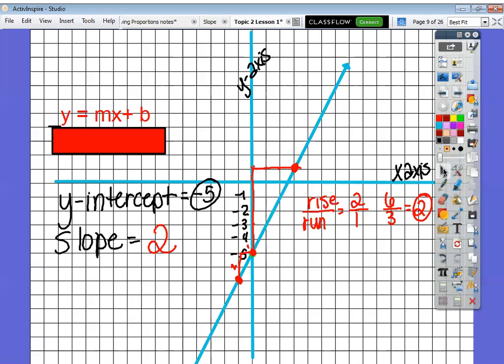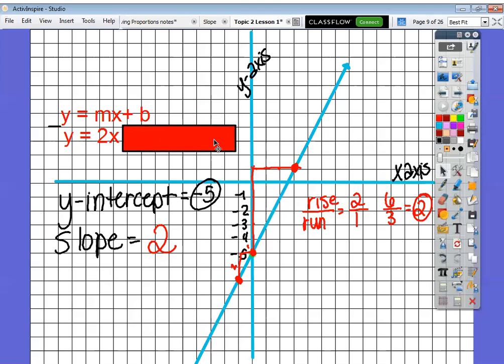So ready? Here we go. y equals, my m is the slope, so that's why I have a 2 there, x. Now this is where it gets a little tricky because normally it's plus the y-intercept. But look at my y-intercept, it's at -5.